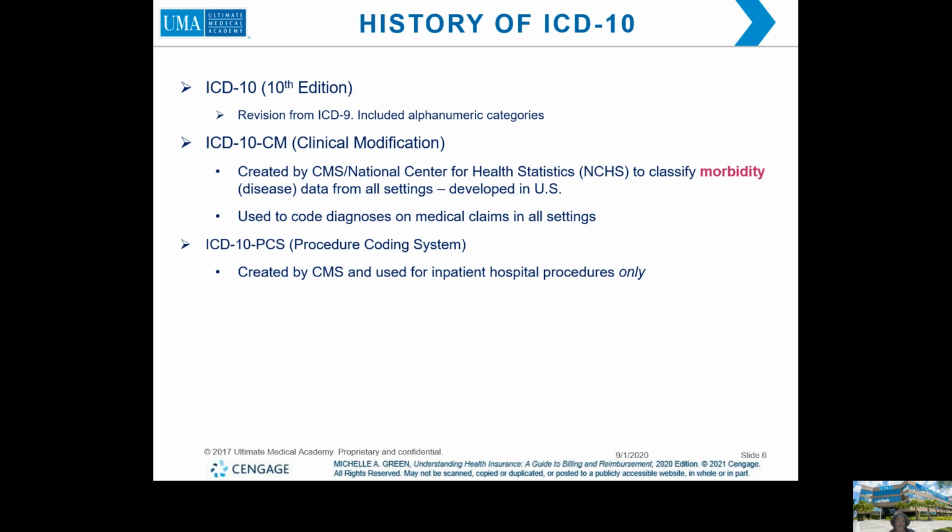We'll get more into settings as we move forward. I know every time we have a lecture, I say we'll learn more, but we will. ICD-10 PCS was created by CMS, if you remember, Centers for Medicare and Medicaid Services, and it's only for inpatient procedures.